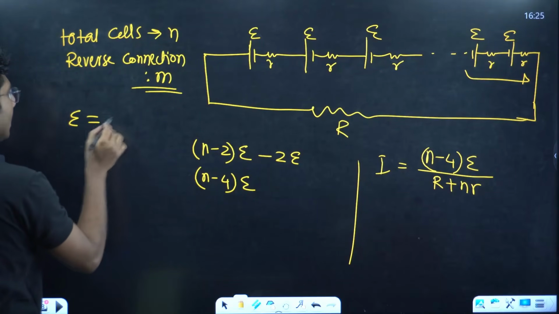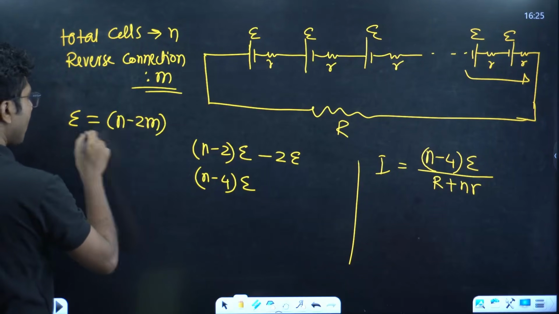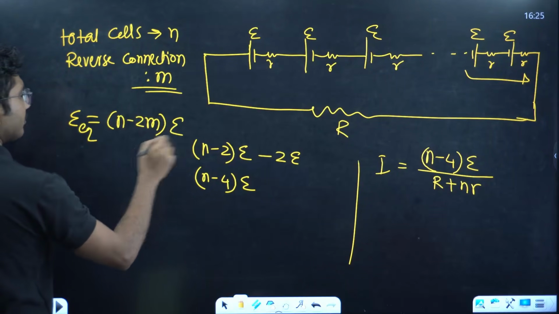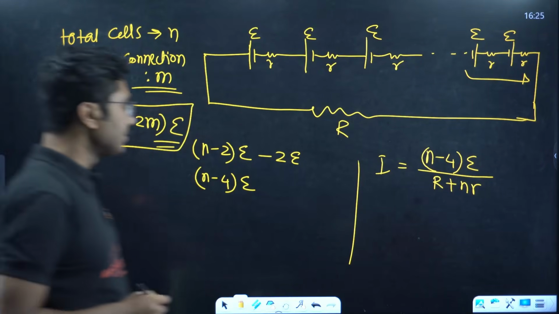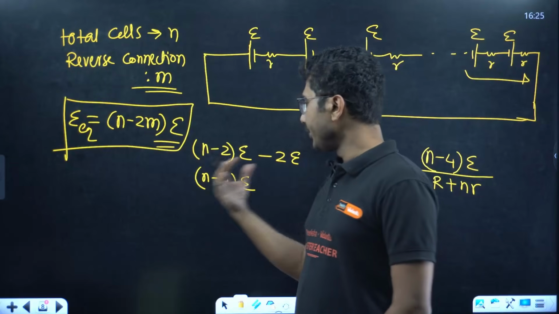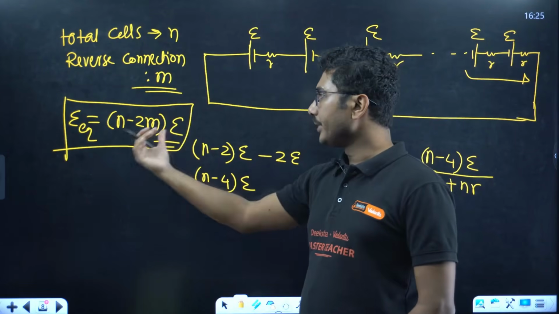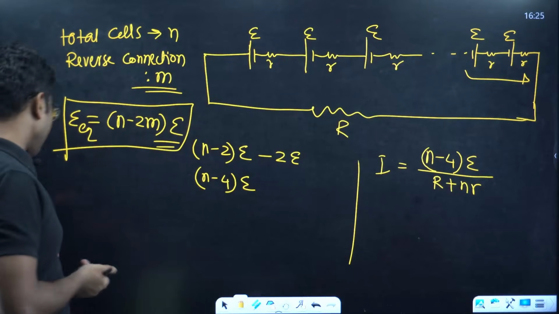The EMF will be, remember this, N minus 2M epsilon. This is the equivalent EMF. This is the general formula. If you remember it, it will save you some 5 to 10 seconds, right? Let's move on.